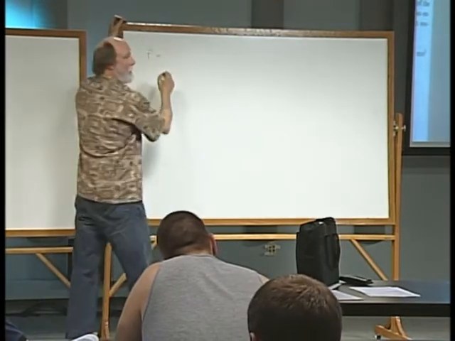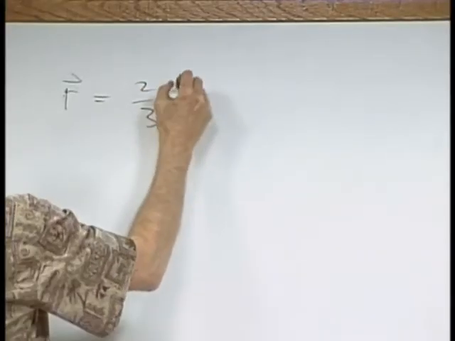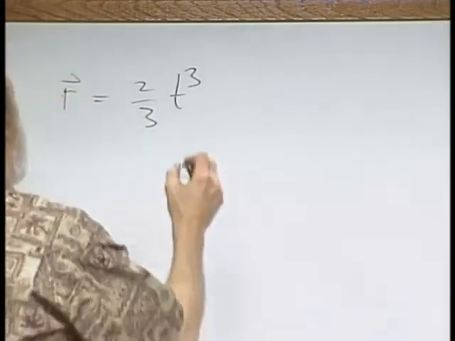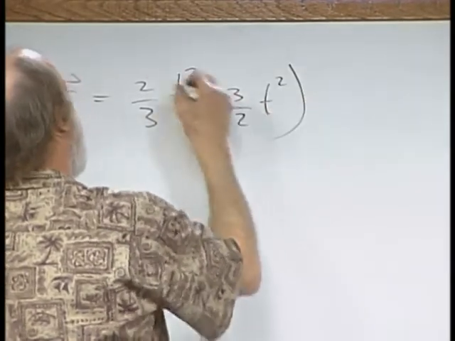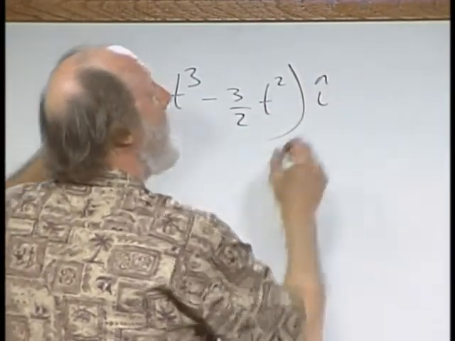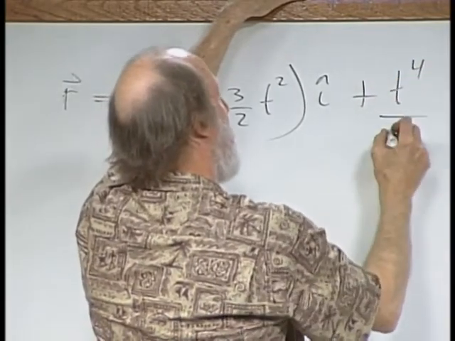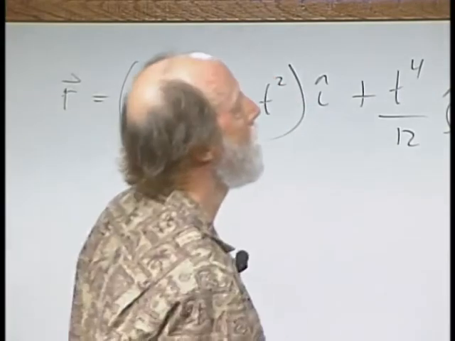So we have this given to us as 2/3 t cubed minus 3/2 t squared i plus t to the 4th over 12 j meters.